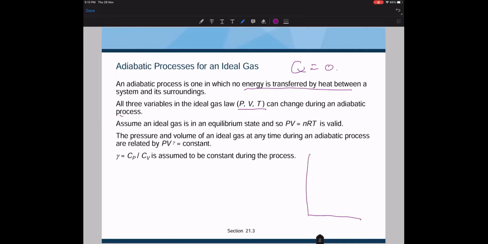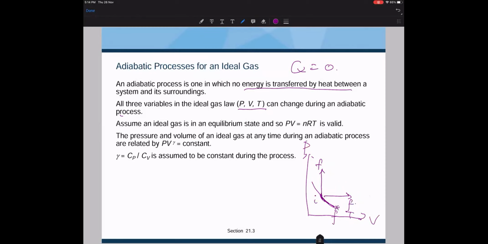Remember, in the three iso processes, constant volume, constant pressure, and constant temperature, at least you have one of P, V, or T that is constant. But in the adiabatic process, all of the things could change.